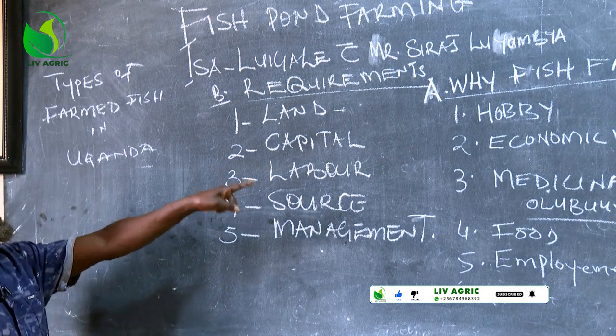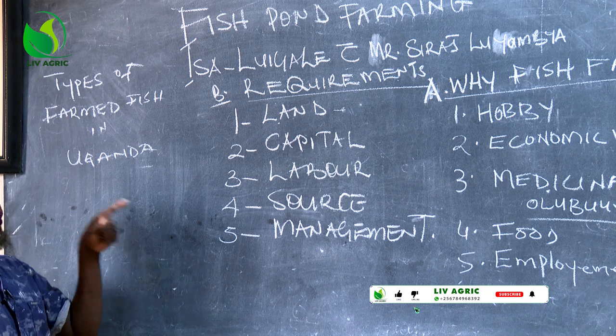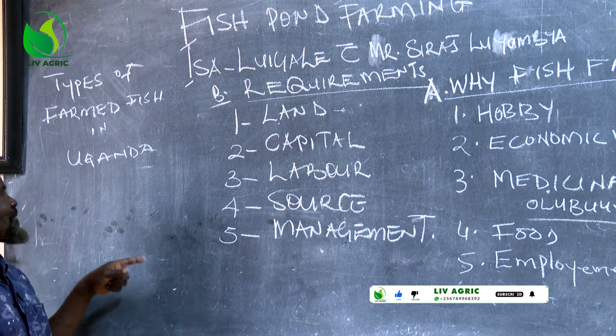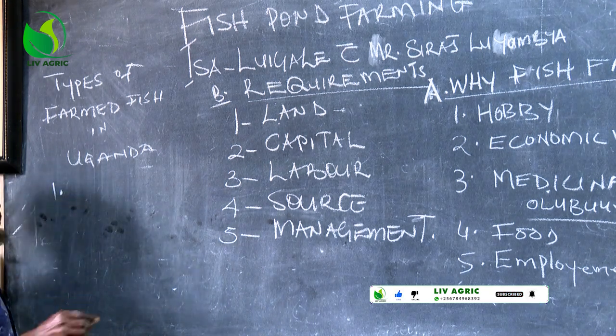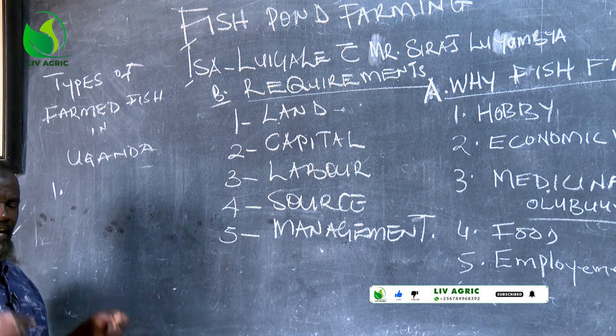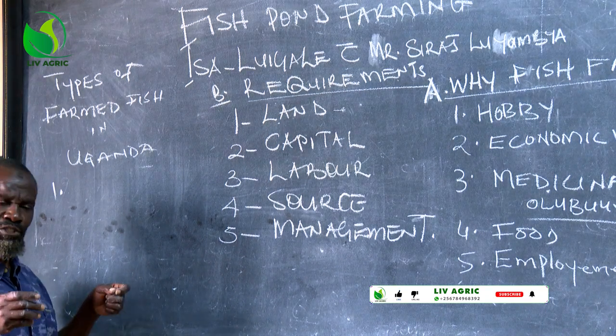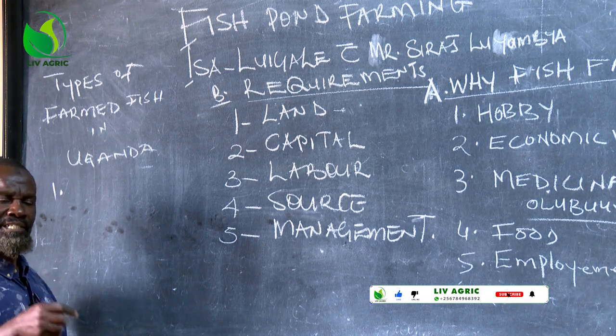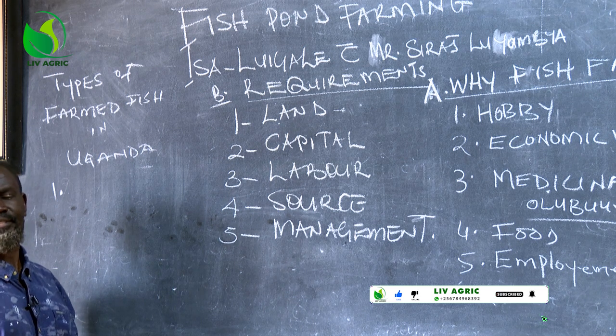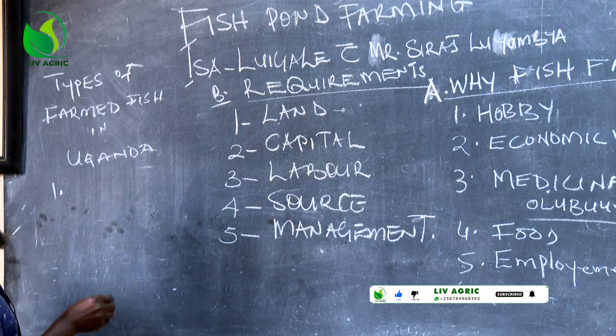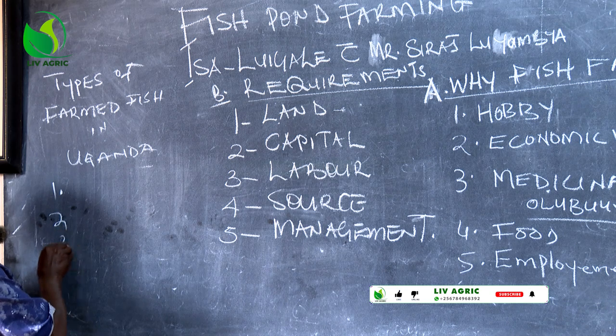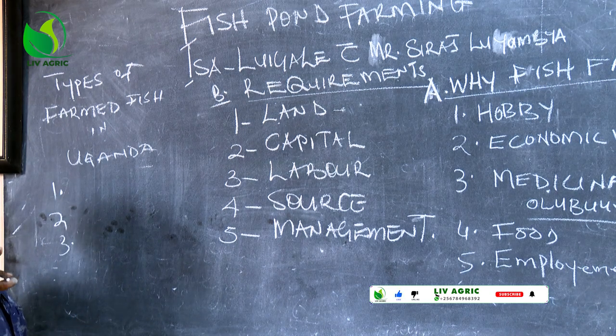Before you go into fish farming, you should know also the type of fish that you may want to farm, and you should have reasons why you decided on that type of fish. Generally, in Uganda, we have 3 types of fish.